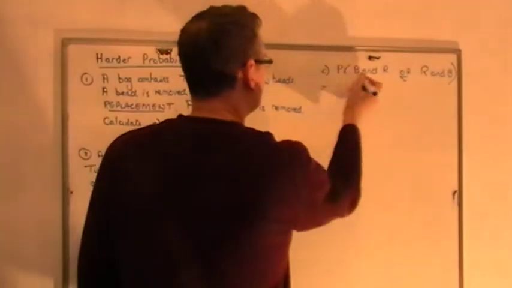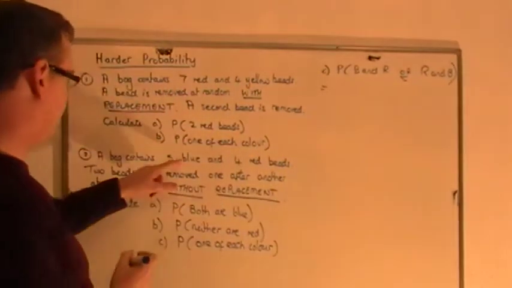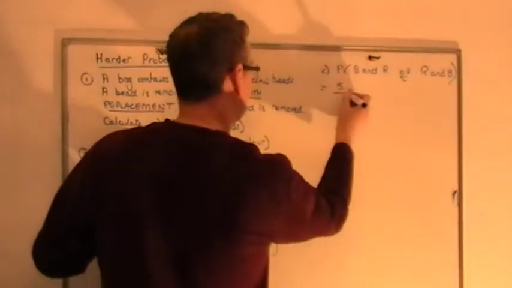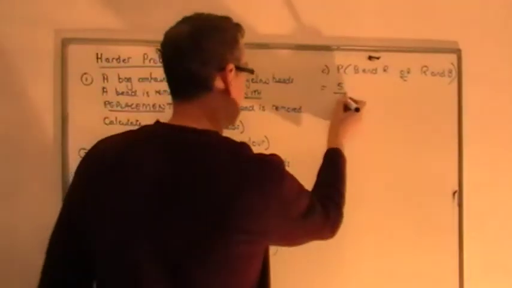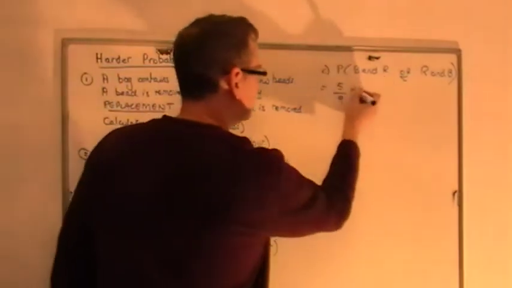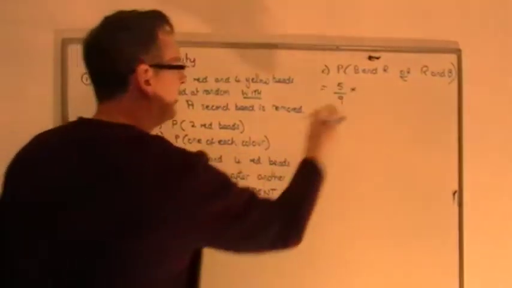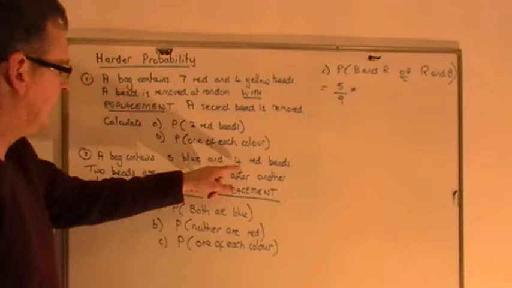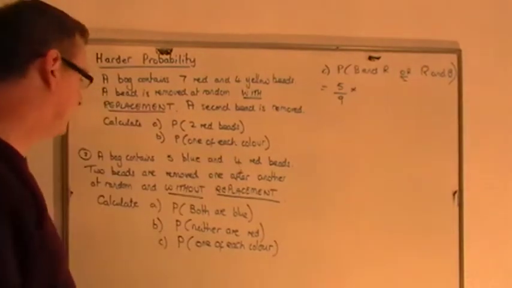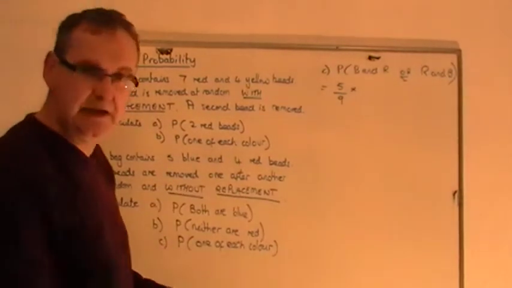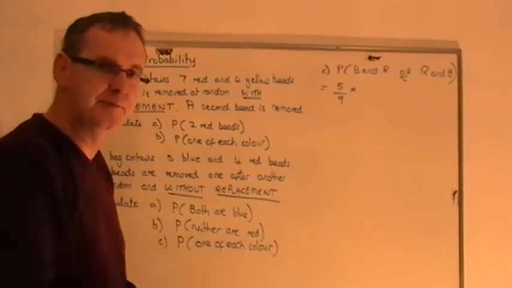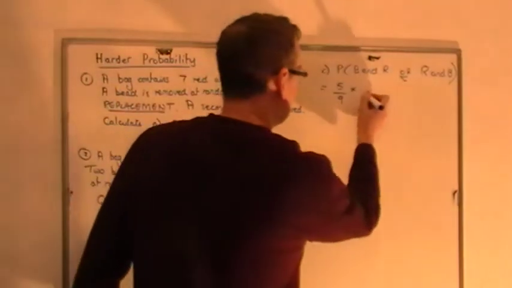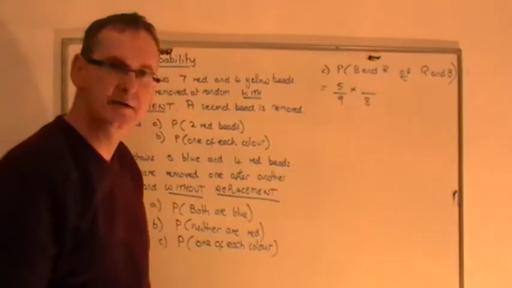Okay, blue on the first go. Well, there are 5 blue beads, out of, in total there are 9 beads, and times. On the second go, well, how many red beads? Well, the first blue bead is not put back, so that's gone. So that means we've only got 8 beads left, so it's out of 8 again for the second part.